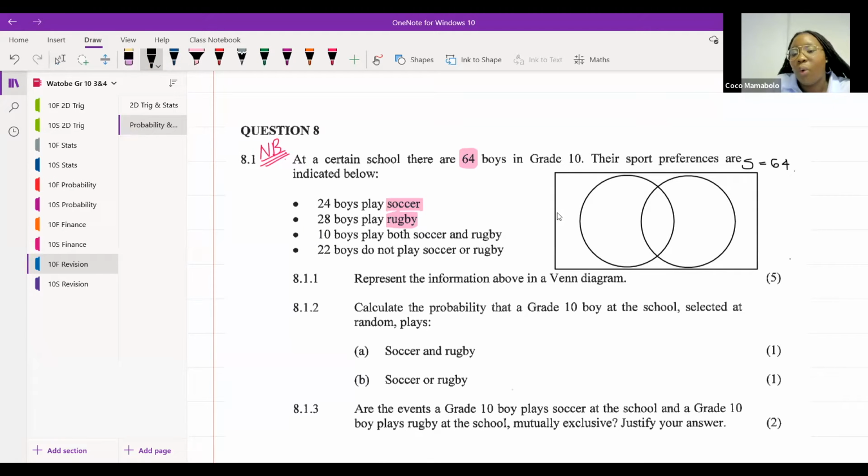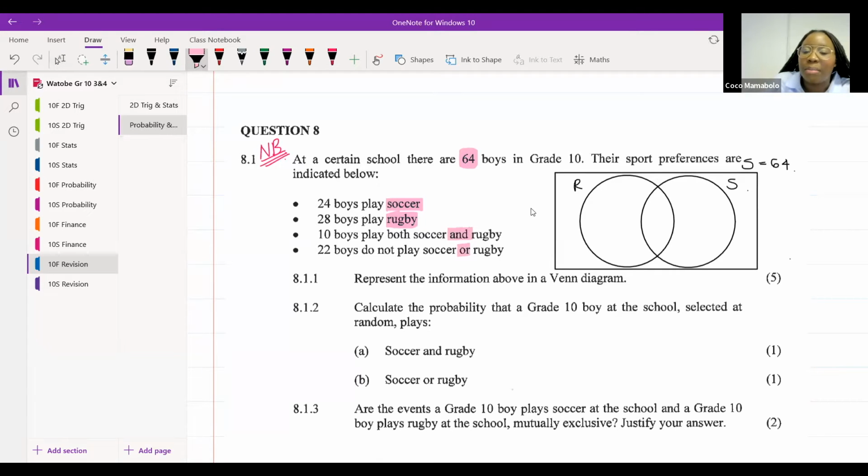Leah, I need you to explain to us why we want them to intersect. Okay, Isayan, what happened? Correct, Sinogushe, beautiful, that's it. It's because they play both sports, well done. So where they intersect, or where they have something in common, beautiful. And what do we call it, because there are 2 different terminologies. They're saying that we've got 10 boys who play soccer and rugby, and soccer or rugby. What is the difference between and and or?